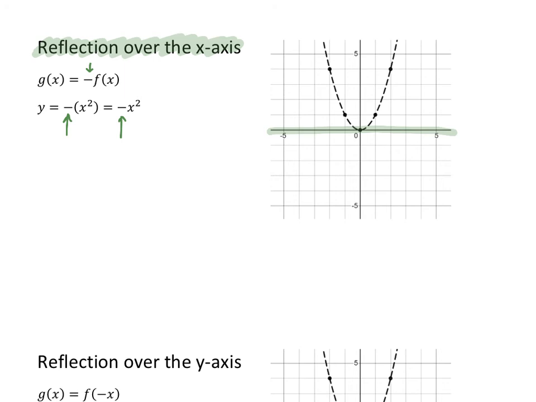That's my indicator that it's going to be a sad parabola. So all of these get flipped over the axis and I create my sad parabola. A nice reflection over the x-axis, also known as the flip or the sad parabola.